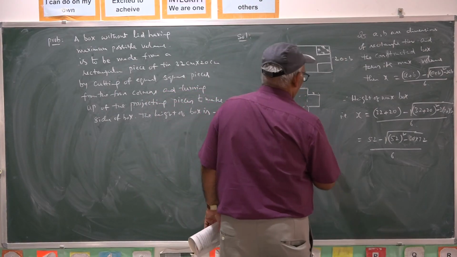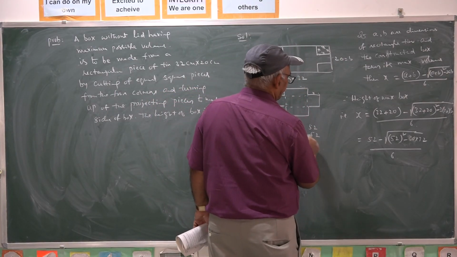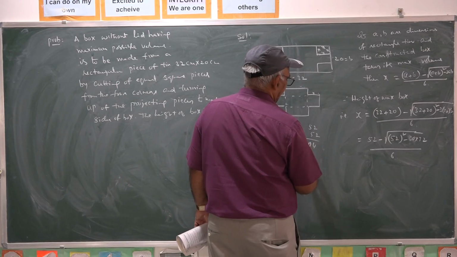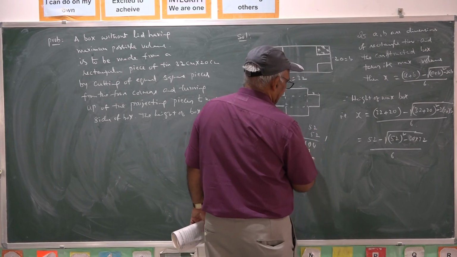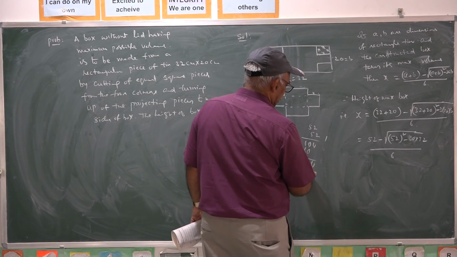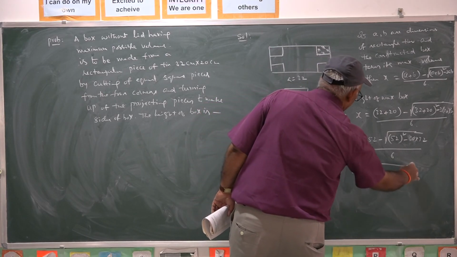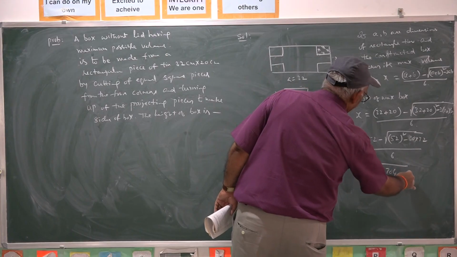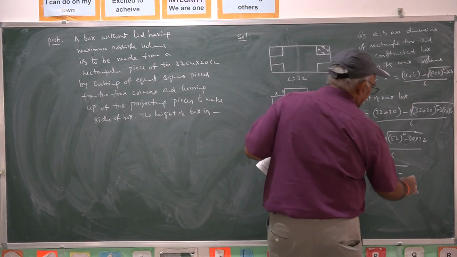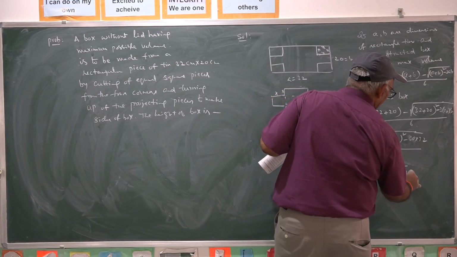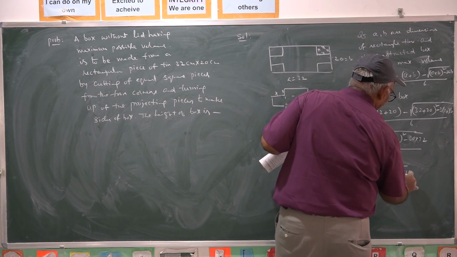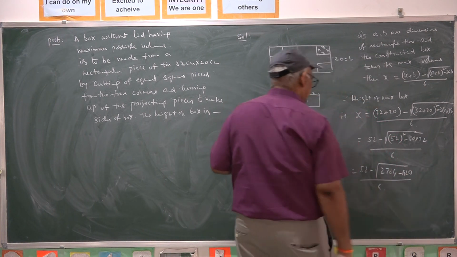Now 52 squared is 2704. That is 52 minus under root 2704 minus 1920, by 6.